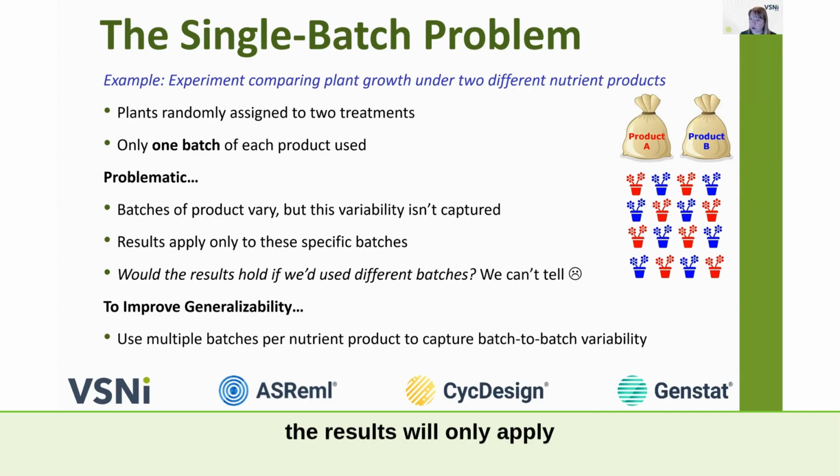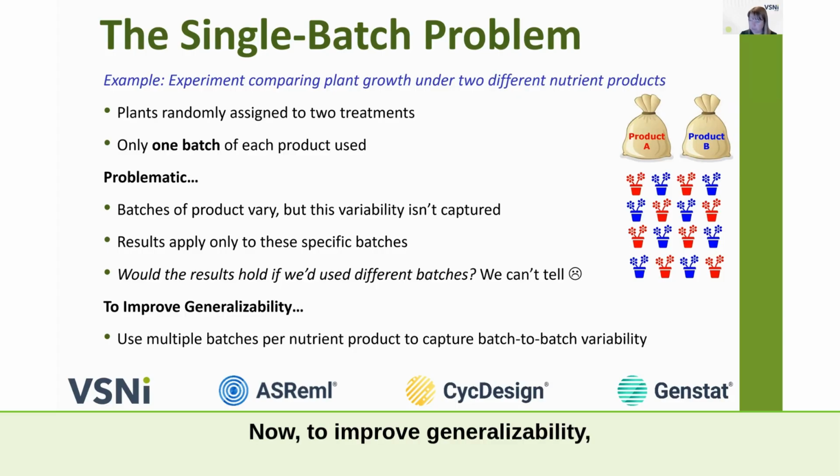Consequently, the results will only apply to those specific batches, one which happens to be of product A and the other which happens to be of product B. So we can't tell whether our findings will hold for different batches.